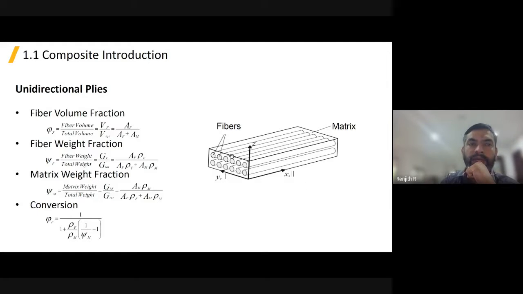It's calculated as the fiber volume divided by the total volume, and from the matrix perspective, the matrix volume divided by the total volume of the composite. So we calculate the fiber volume fraction and the matrix volume fraction. VF is designated as the fiber volume fraction, VM is designated as the matrix volume fraction, and VF plus VM will be equal to 1.